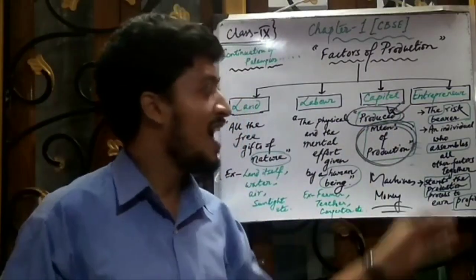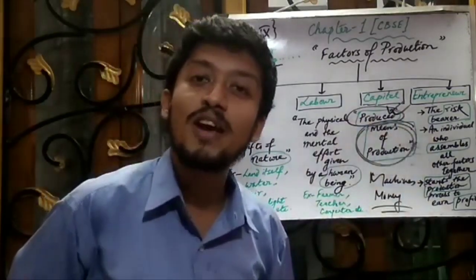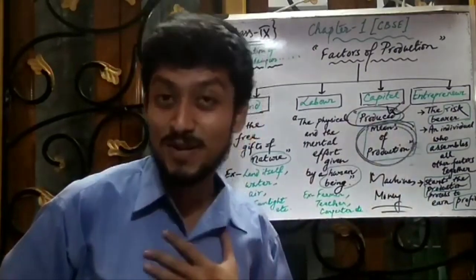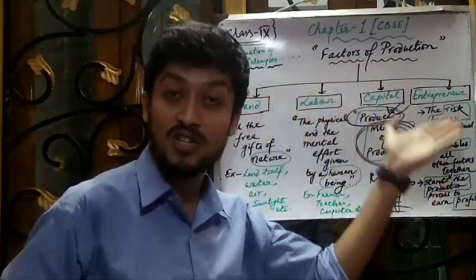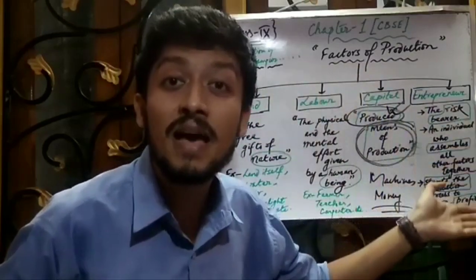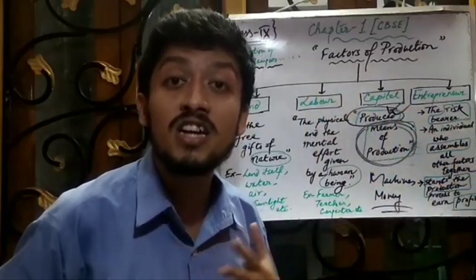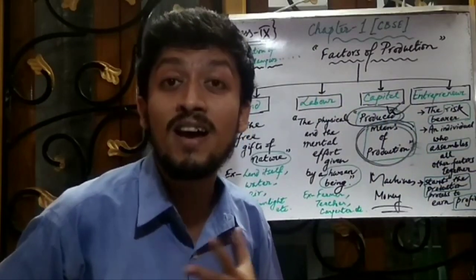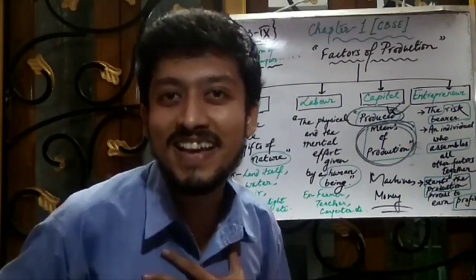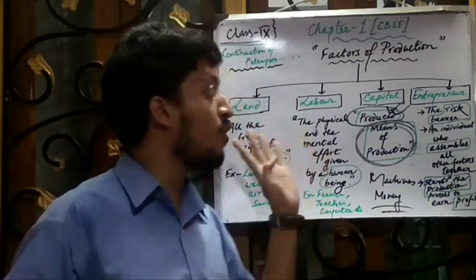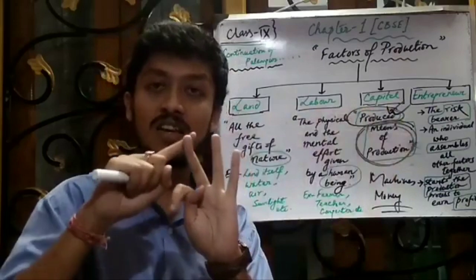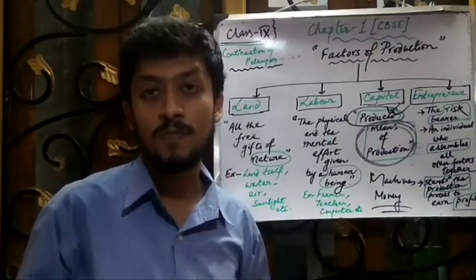And the last one, the entrepreneur. Who is the entrepreneur? Me. Ultimately, who is assembling the entire production system? Me. Who is the manager? I. Who is the risk bearer? Me. And who ultimately gets the profit? Me. So we came across the four factors of production: land, labor, capital and entrepreneur.